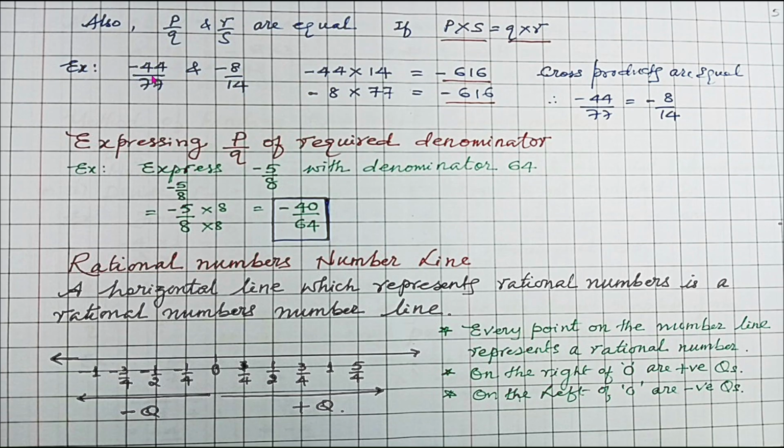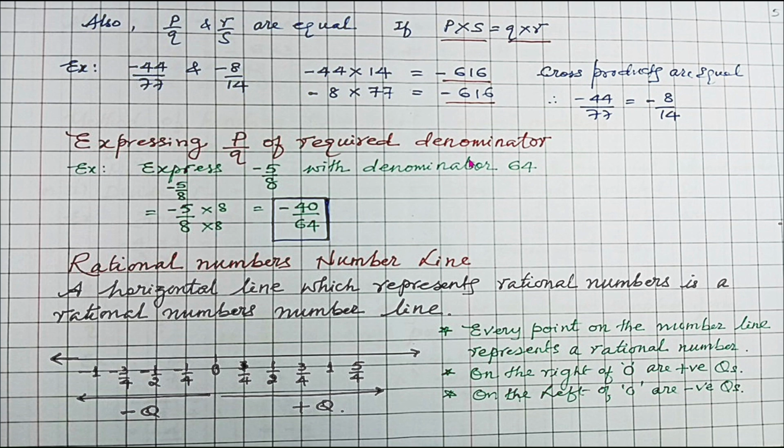For example, for minus 44 by 77 and minus 8 by 14, minus 44 into 14 is minus 616, and 77 into minus 8 is again minus 616, and therefore the cross products are equal. Therefore, these two are equal rational numbers, and please don't forget that.